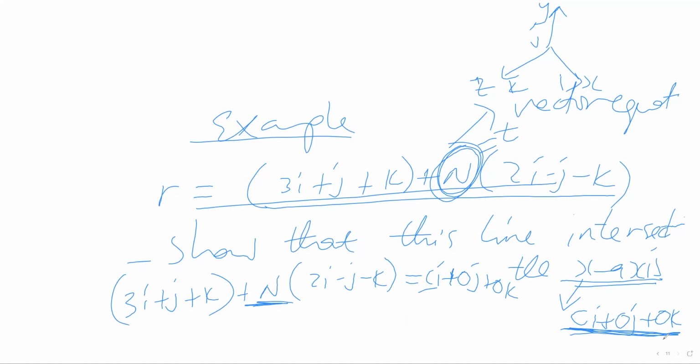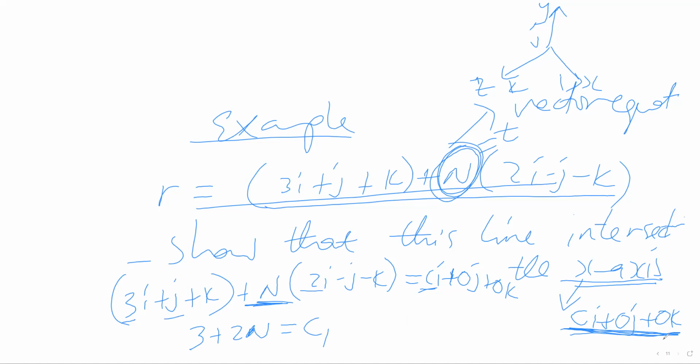If we find c is 0, then they don't intersect. So that c should be some number. Now we are solving this. You're just equating the i's together, the j's together, and the k's together. Equating the i's, I have 3 plus 2 mu is equal to c. That's equation 1.